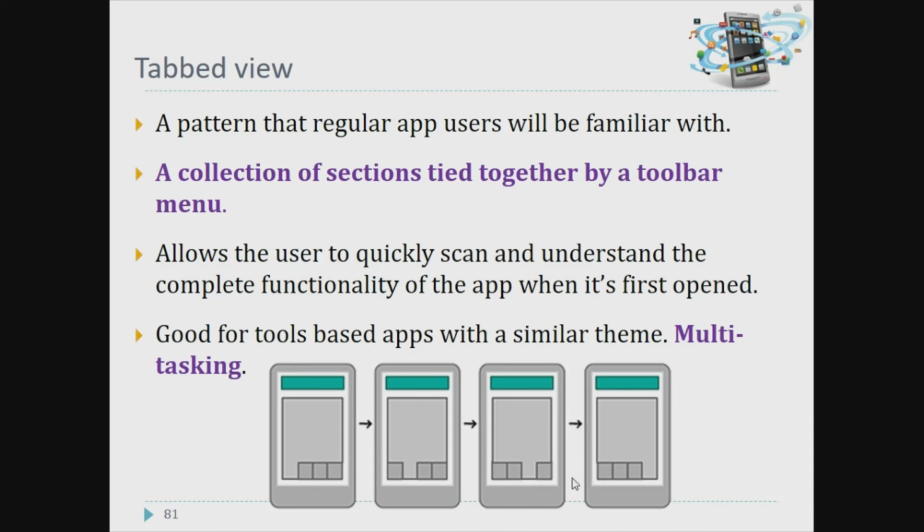So from this page, you can go to another tab, and then you can tap again. So multi tab allows the user to quickly scan and understand the complete functionality of the application when it first opens. So it's good for tool-based applications with similar themes, multitasking.